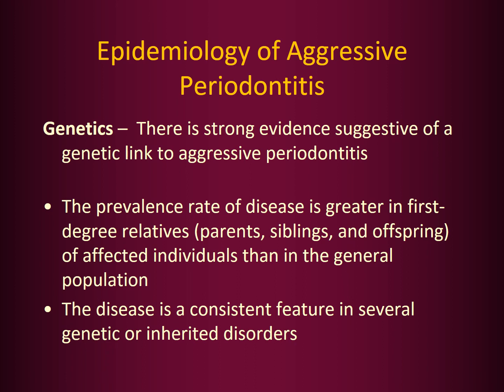The disease is also a consistent feature in several genetic or inherited disorders, like Chediak-Higashi syndrome, Down syndrome, leukocyte adhesion deficiency, and a number of other conditions that might predispose individuals to more periodontal disease, periodontal attachment, and bone loss at a fairly early age.